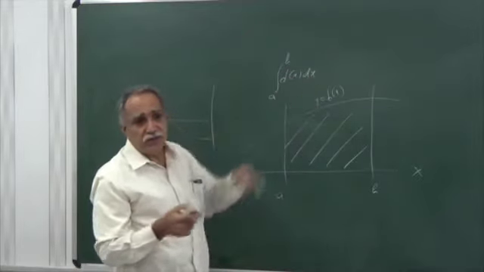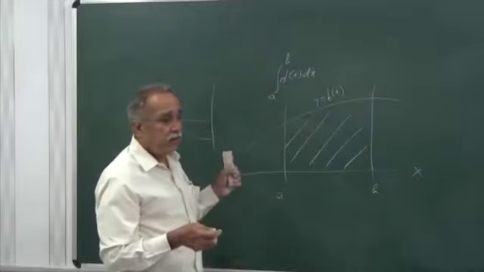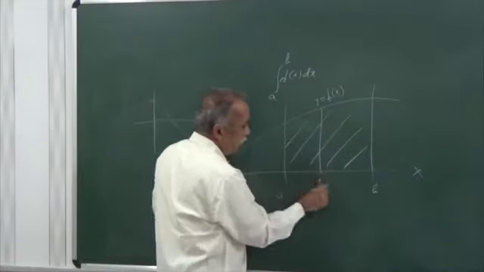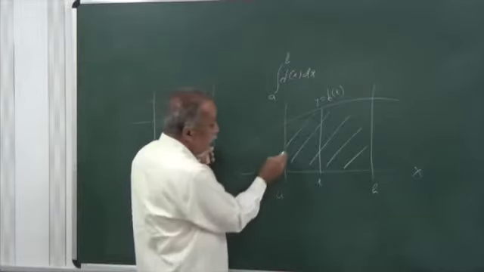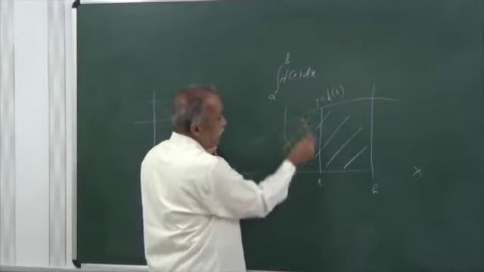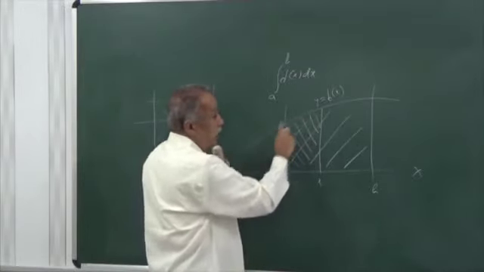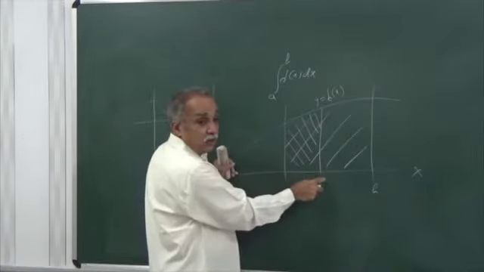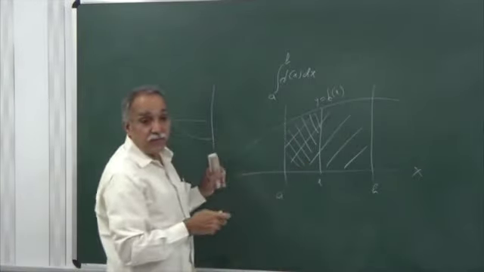One sort of justification I can provide. Take an arbitrary point x belonging to the interval. Consider this area bounded by the curve, the ordinates at x equal to a and x equal to x, and the x-axis.